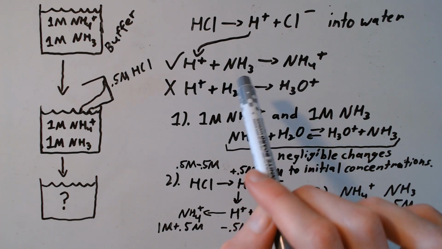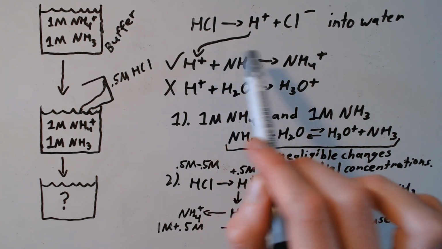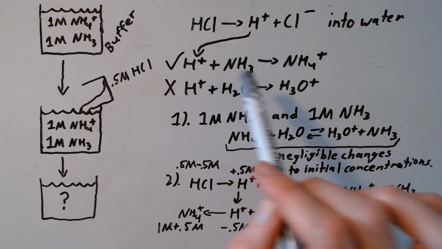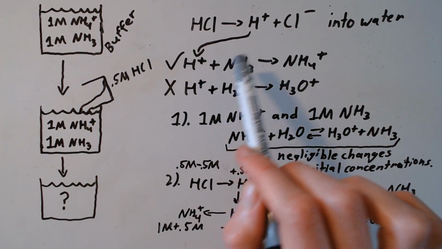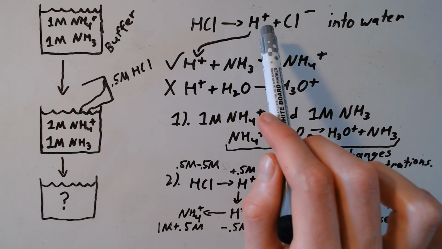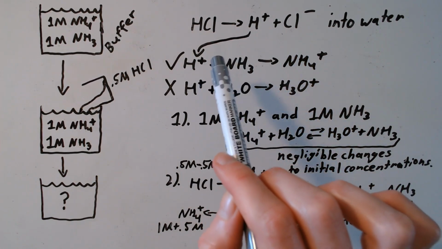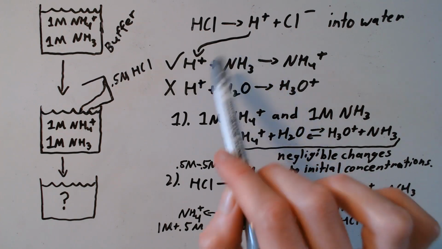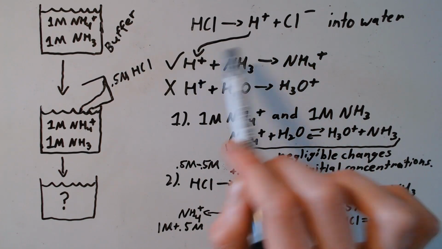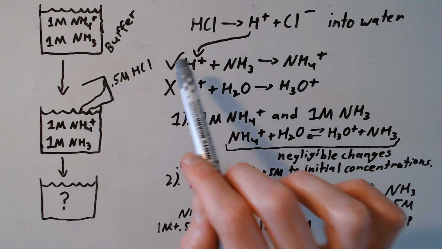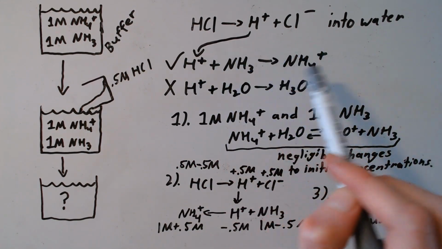And why is that? Well, that's because NH3 is a much stronger base than water, because water is neutral and NH3 is basic. So NH3 attracts these H pluses better, so all of these H pluses go to all of the available NH3s. As long as there's enough NH3, all of the H plus is used up by this NH3 to produce NH4+.